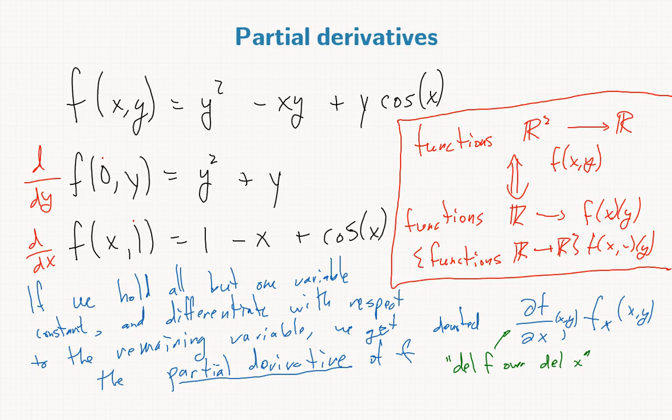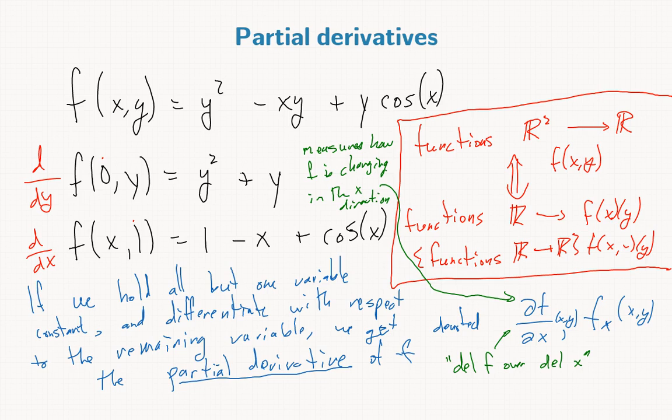So we use this backwards 6, which looks also kind of like a fancy cursive d, to emphasize that this is a partial derivative. And so this measures how f is changing in the x direction.